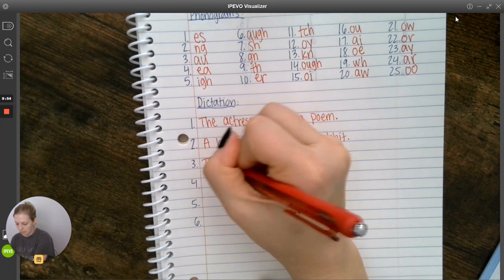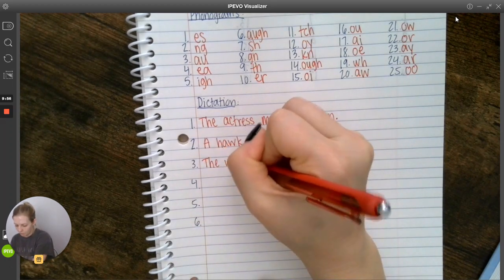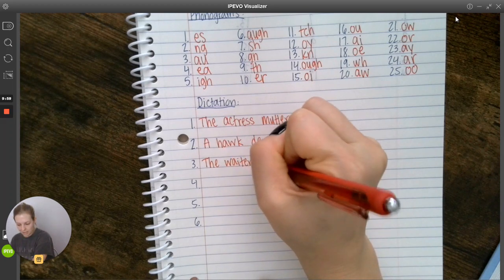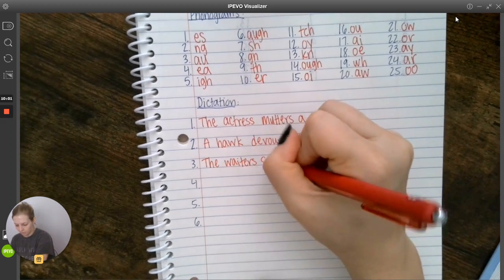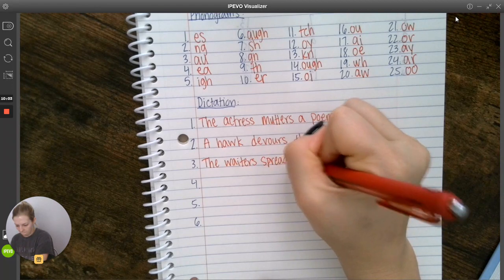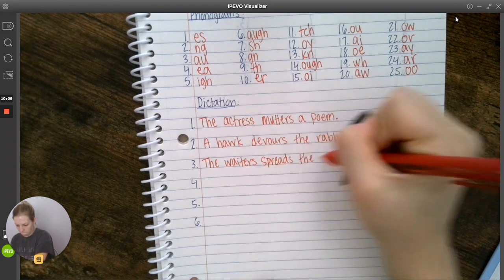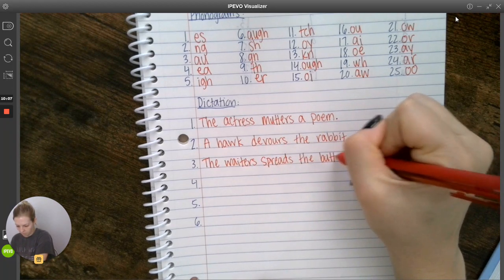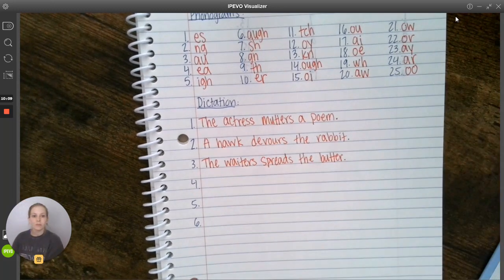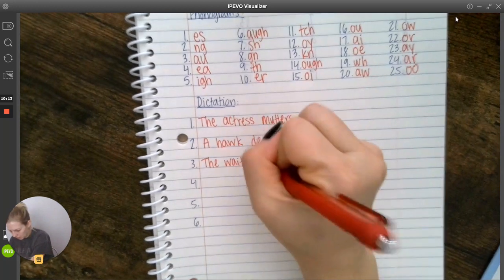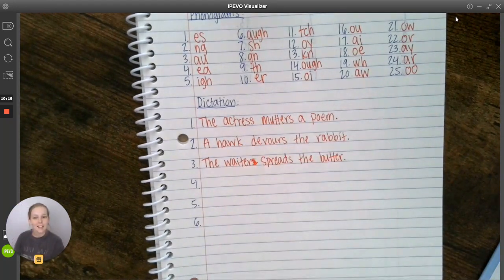The waiter spreads the butter. Oops, the waiter. Didn't mean to add an S there.